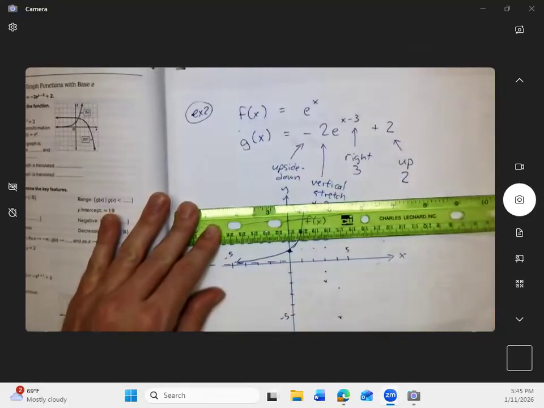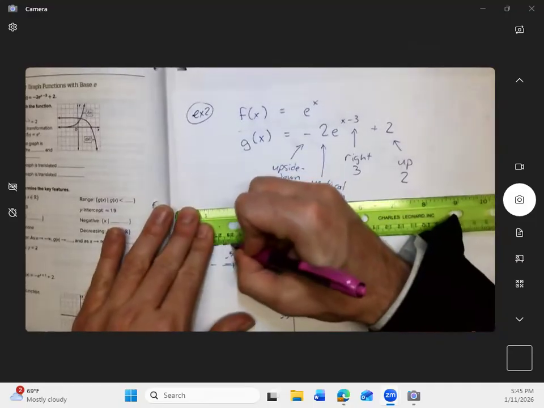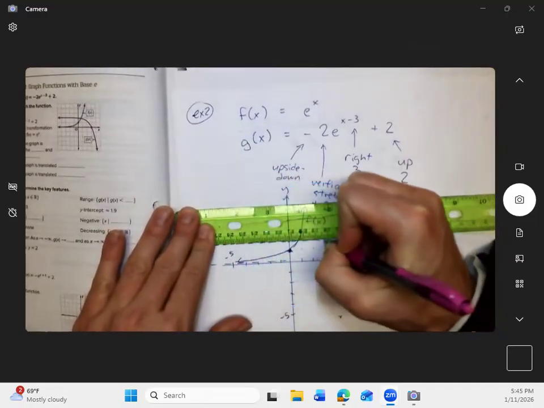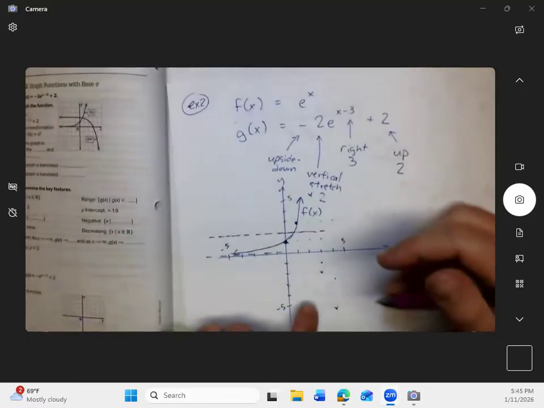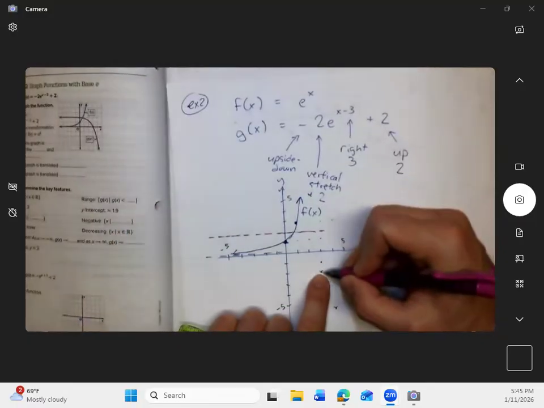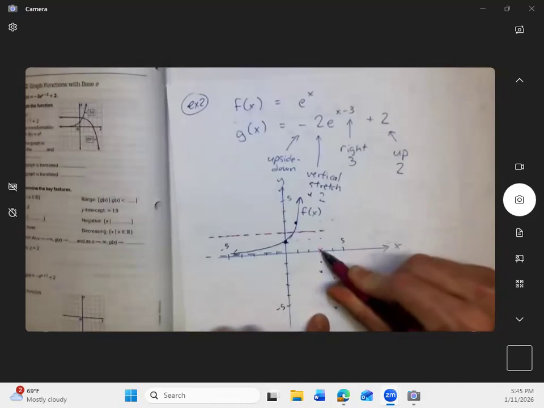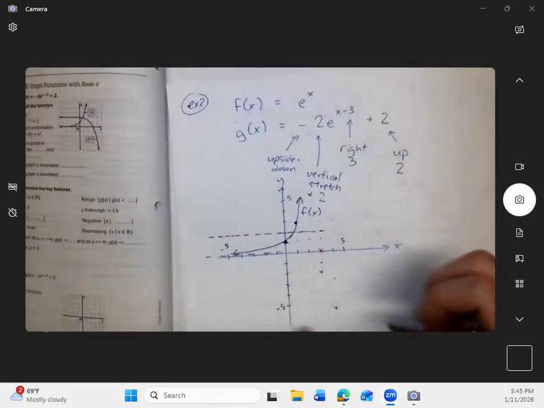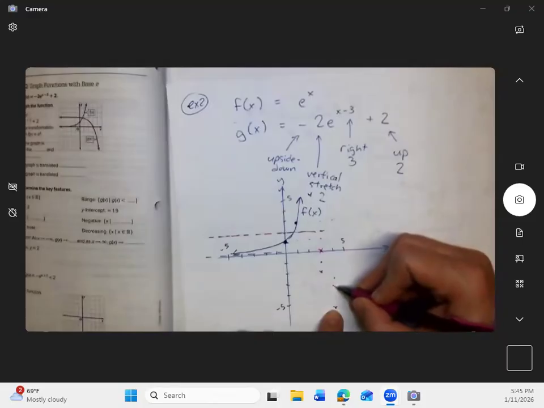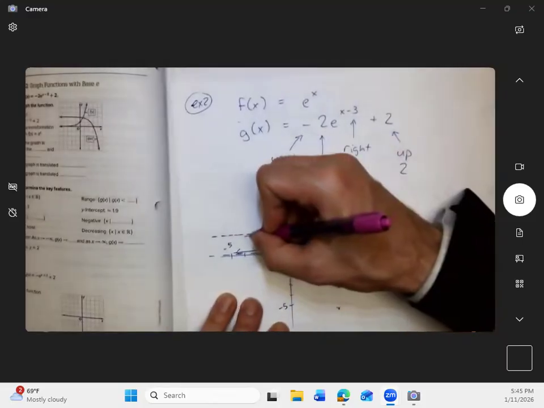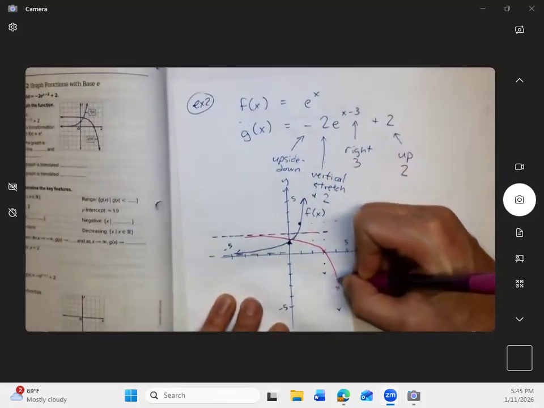And then the point at 3 comma negative 2 comes up 2, bam, right there, which is right on the x-axis. That's interesting. You could call it the zero or the x-intercept. This point at negative 5 point something comes up to negative 3 point something. So put it all together. I'm pretty sure g of x is going to look like this.